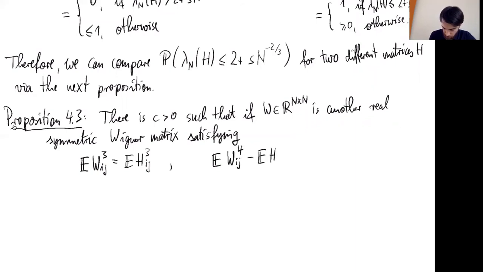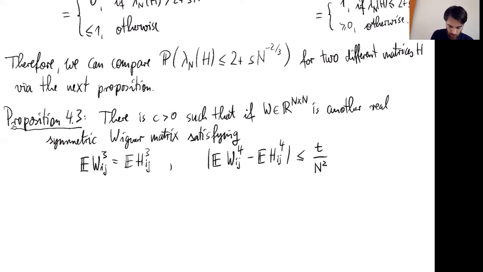The difference is smaller than, say, t divided by n squared. Recall that by the scaling of a Wigner matrix, and by the assumption that we have bounded moments, these fourth moments are of order 1 over n squared. And here we want that with some t, they're actually close.